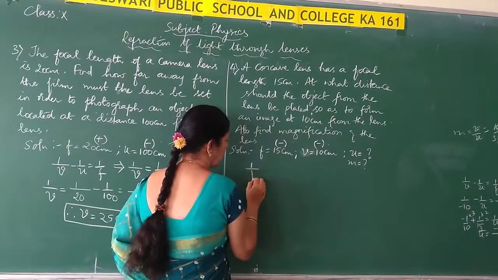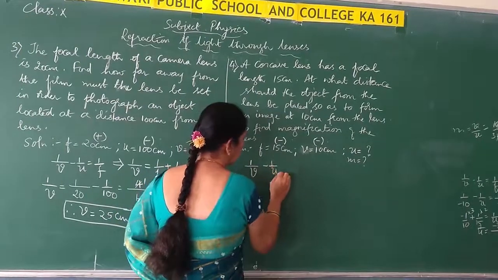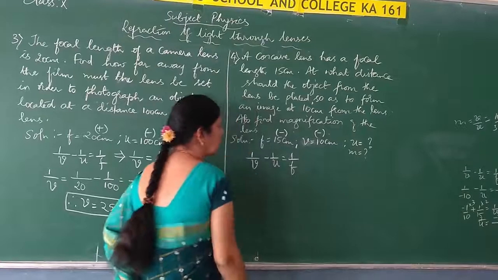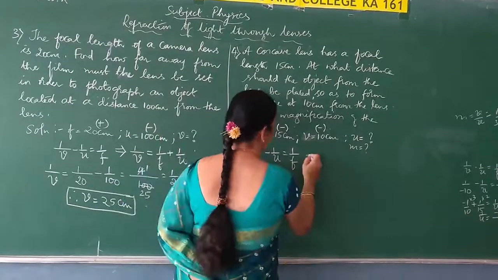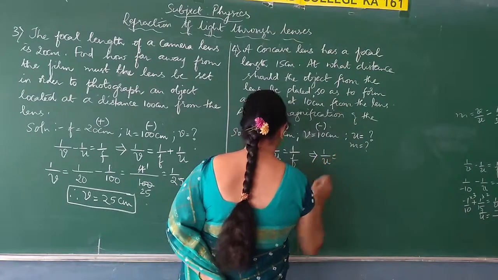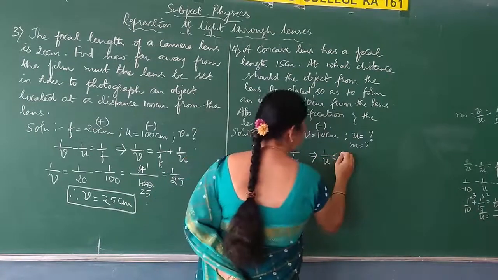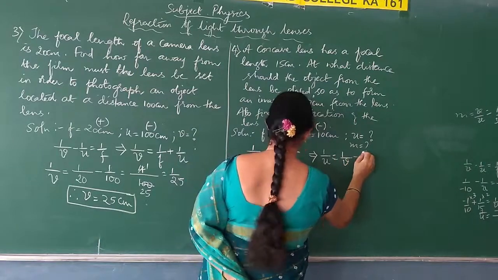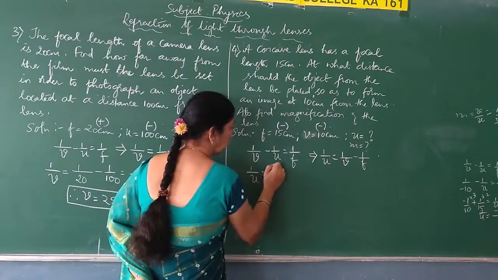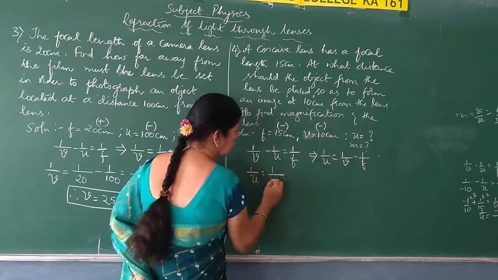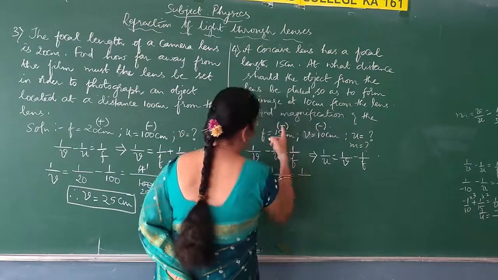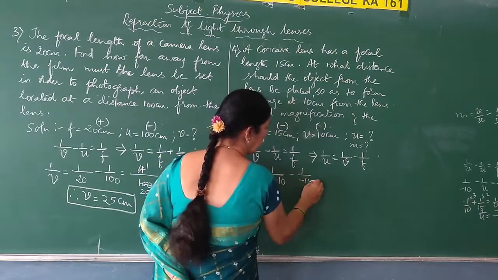So use lens formula 1 by V minus 1 by U is equal to 1 by F. Now this implies 1 by U will be equal to 1 by V minus 1 by F, that is 1 by minus 10 minus 1 by minus 15, right?